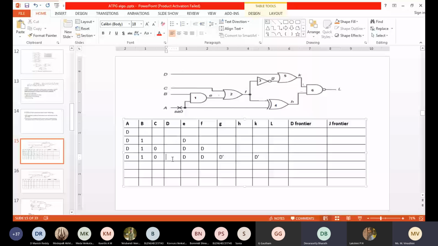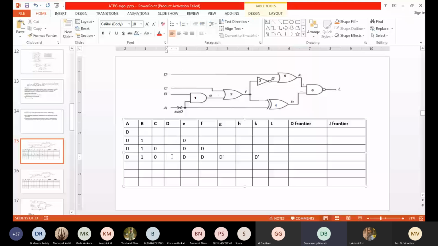Actually, at G, I have D dash, that I'm taking to K. If I want to take it, what should be my D value? D dash. D dash. Are you listening? This very clearly tells that for the past 2 or 3 days you are not listening to the class. Am I right?